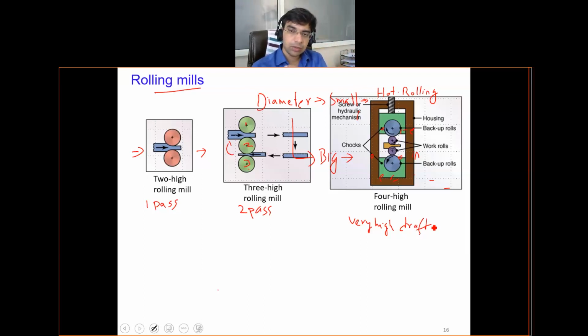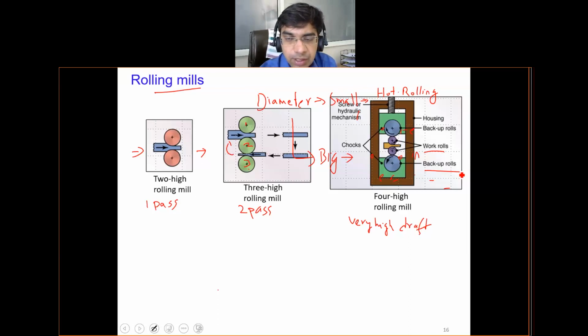In that scenario, the four high rolling mill is very popular, because in this case the work rolls, which are the actual rolls in contact with the workpiece, are of smaller diameter, but the backup rolls which are supporting these work rolls are of larger diameter. These help to apply additional pressure, which consequently induces additional compressive stress.